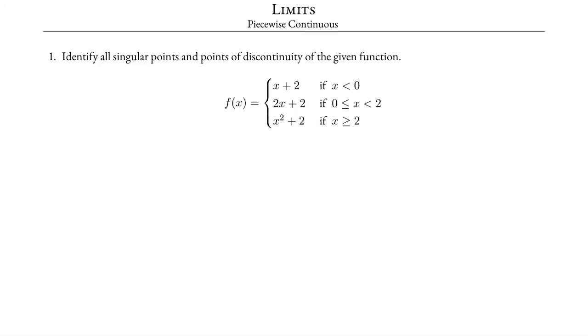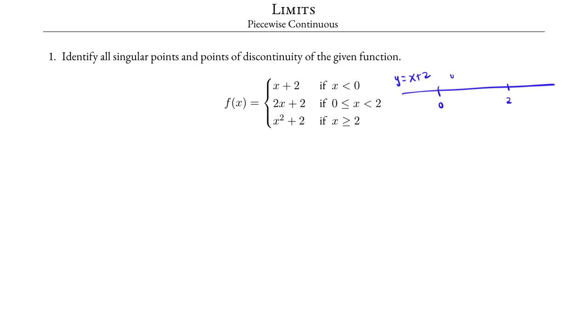Identifying all singular points and points of discontinuity of the given piecewise function f of x equals x plus 2 if x is on the left-hand side of 0. On the left-hand side of 0, the formula is y equals x plus 2. 2x plus 2 if x is between 0 and 2, including 0.